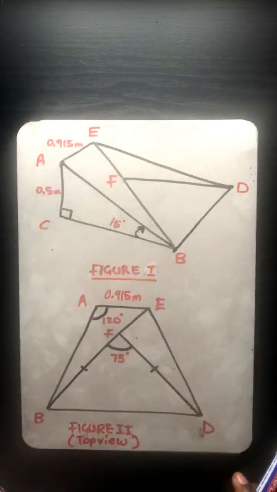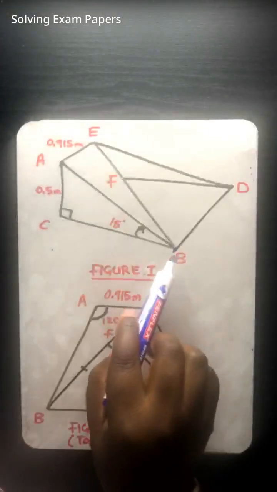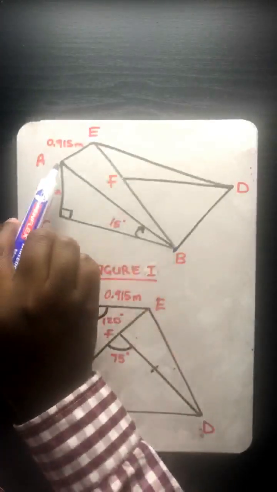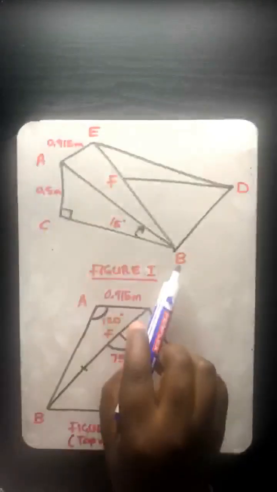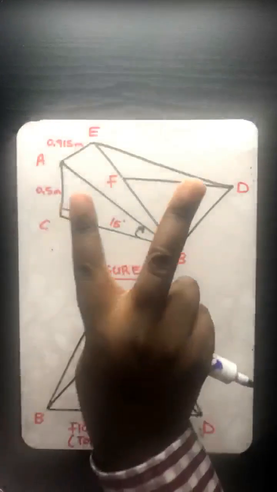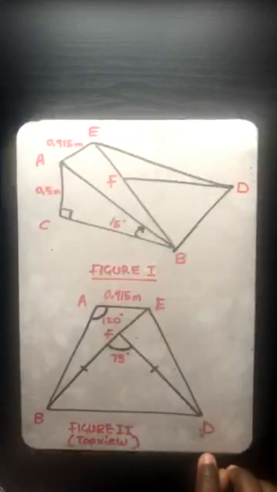You realize it lies in triangle A, C, and B, and also in triangle A, E, and B. So AB lies in 2 triangles. Between those 2 triangles, which triangle has enough information?